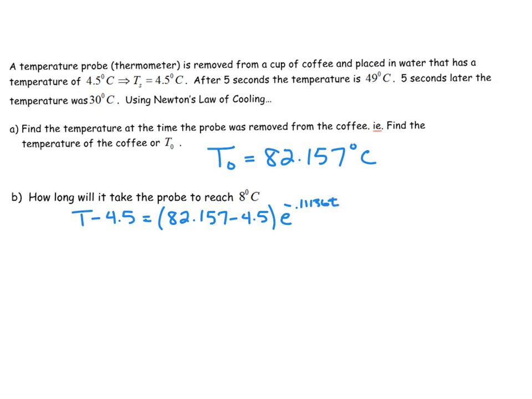And we want to find out how long that time is going to take. So we're going to be finding t in this case, and the temperature is going to end up at 8. So that's what we plug in for T, the ending temperature.